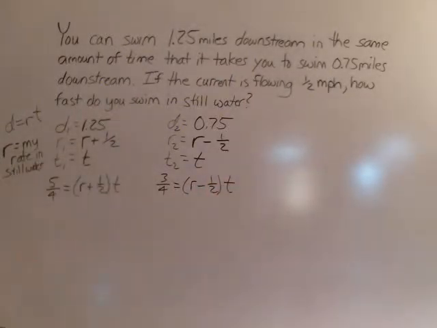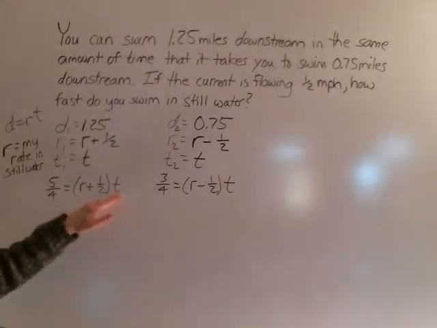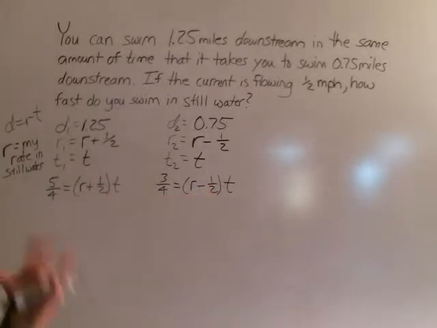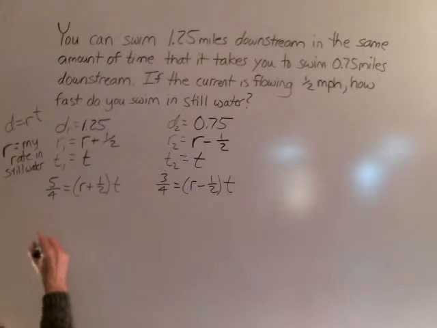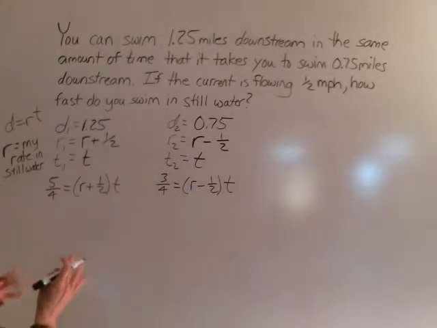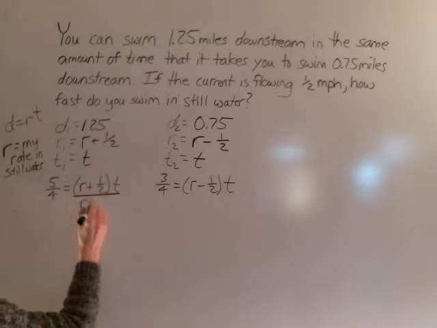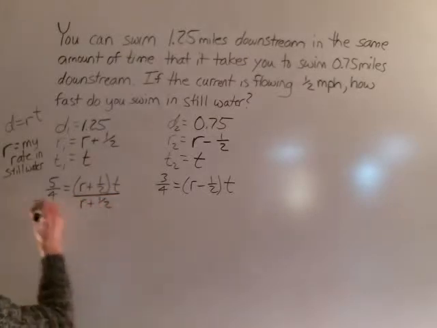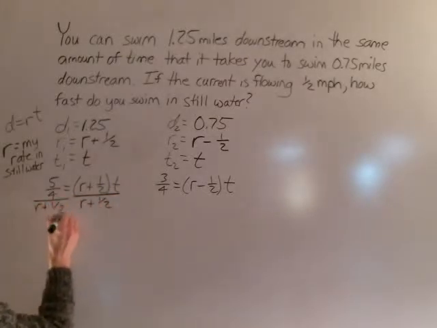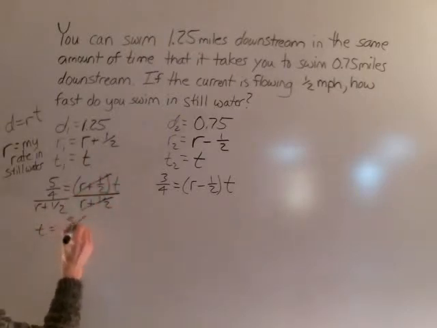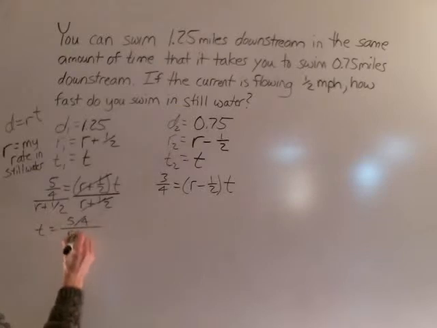Now, there are different ways you can solve this, but an easy way would be to solve this one for T and solve this one for T, and then put the two equations together using substitution. That's going to be the best way in this situation. So I'm going to solve this for T by dividing both sides by R plus 1/2. R plus 1/2 goes away there, and I get that T is equal to 5/4 over R plus 1/2.